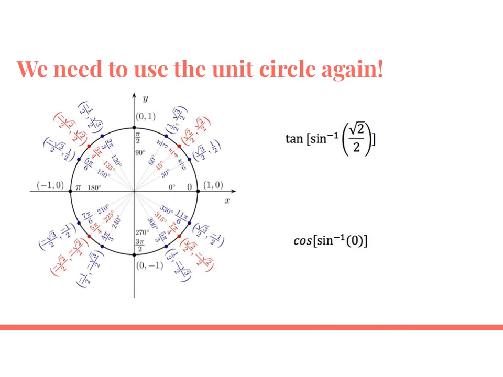Let's go through 3 more examples of how to do this. Again, you want to start on the inside. So this time we're finding inverse sine of root 2 over 2. Sine is a y value, so we're going to find a y value that's root 2 over 2. We're finding the inverse sine of that, which is going to take us to the radian measure.